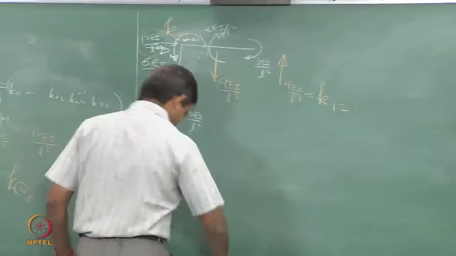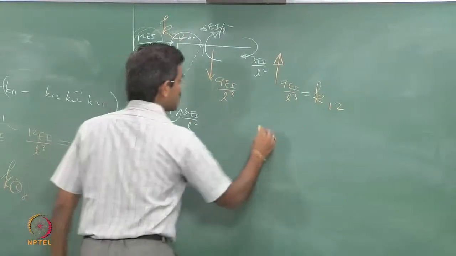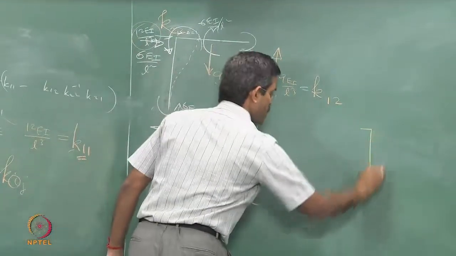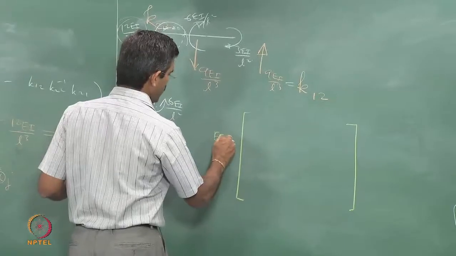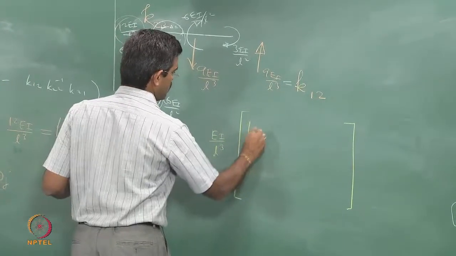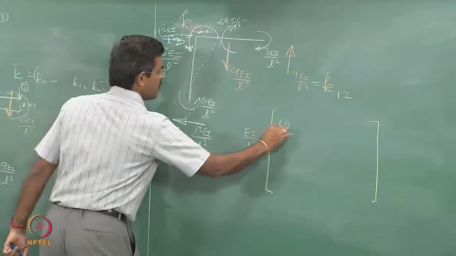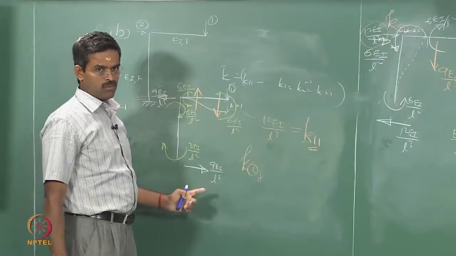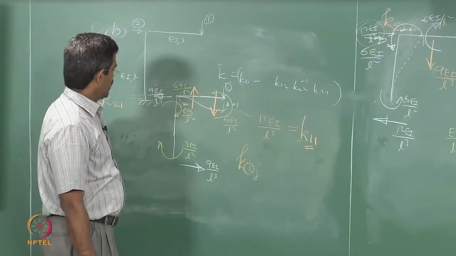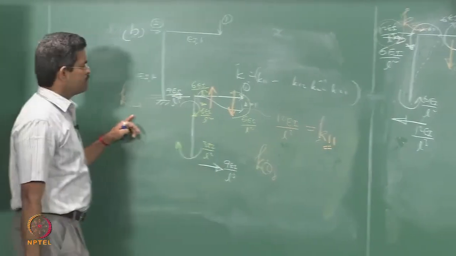Let me write the stiffness matrix here, K matrix. K11 is 12EI by L cube. You can always take EI by L cube out. 12, let us say plus 12. Why positive? This force is acting down, displacement degree is also down. And the second one is here.